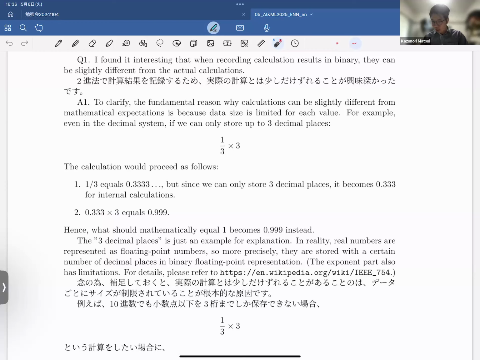More accurately, numbers are stored as binary floating point numbers with a certain number of decimal places. There are also limitations on the exponent part, but going into that discussion would be like starting another class. So, for details, please refer to the Wikipedia explanation of IEEE 754.